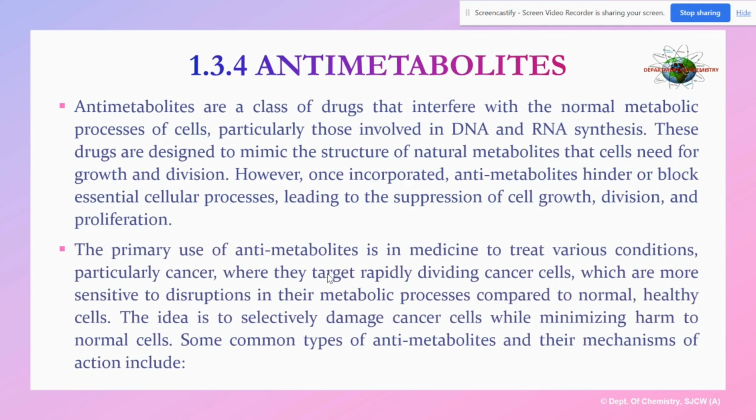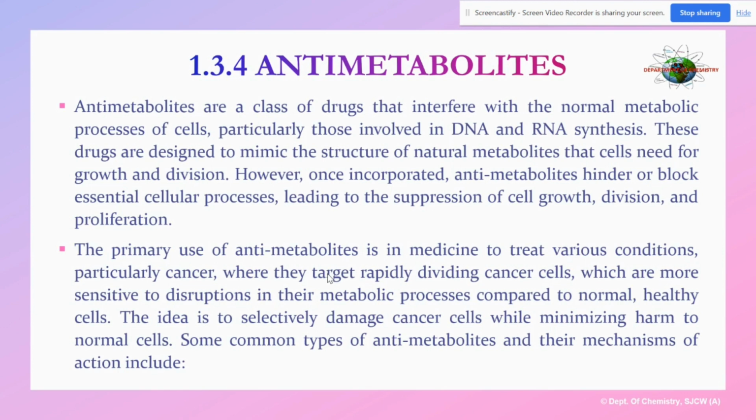The primary use of antimetabolites is in medicine to treat various conditions, particularly cancer, where they target rapidly dividing cancer cells, which are more sensitive to disruptions in their metabolic processes compared to normal healthy cells.